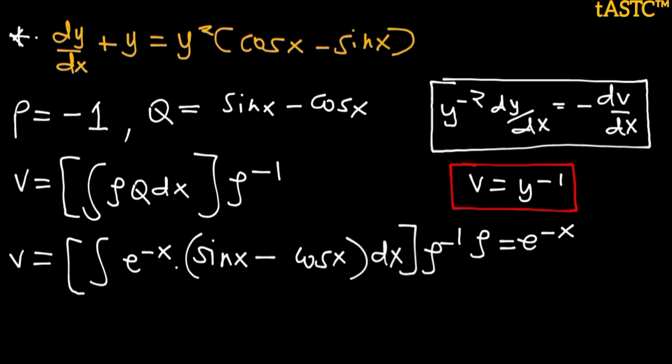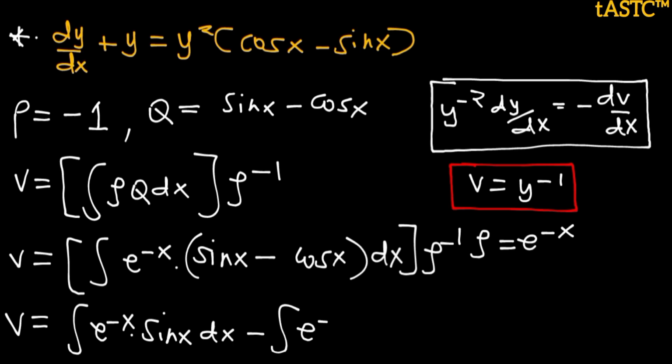Okay, so we need to work this. How can we actually work this stuff? How can we solve it? So v is equal to the integral of e to the negative x multiplied by sin x dx, minus the integral of e to the negative x multiplied by cos x dx.